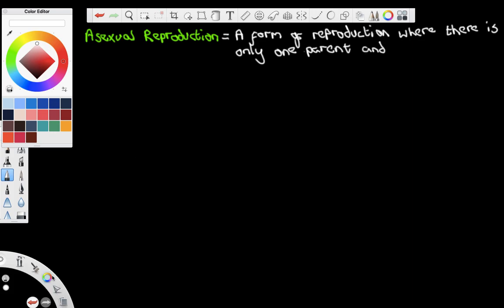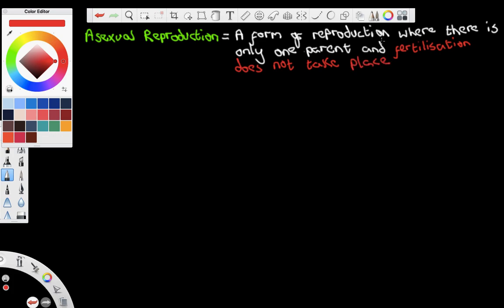And I'm going to put this in red because it's important. Fertilization does not take place.